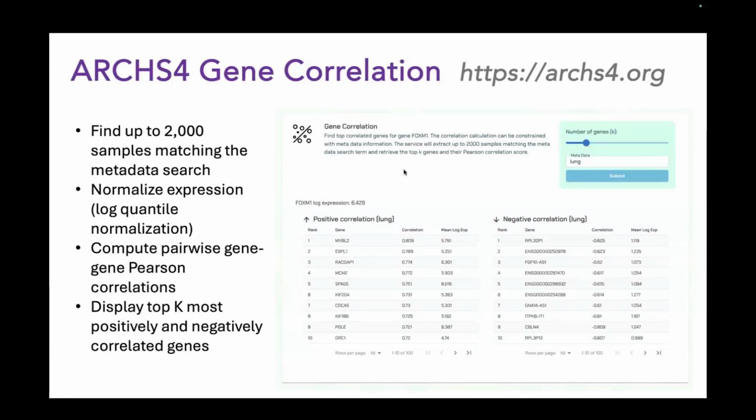The new feature now allows you to do this in a context-specific manner. You can give it some meta information, let's say lung, and the system will extract lung samples on the back end and then compute the correlations on the fly and present them to the user. So you can potentially find very interesting differences in these contexts.